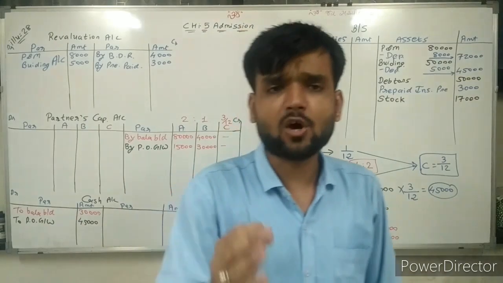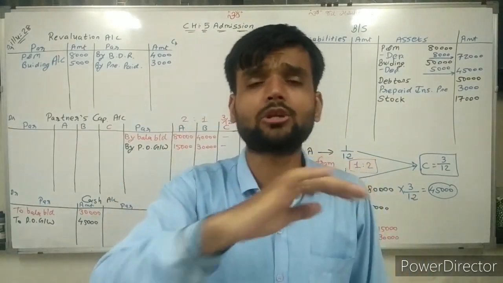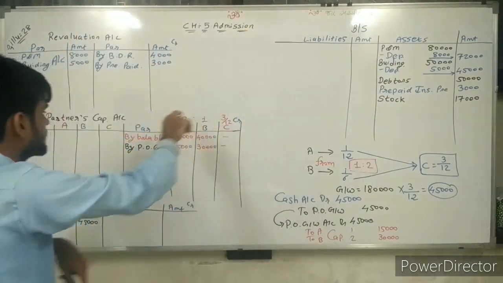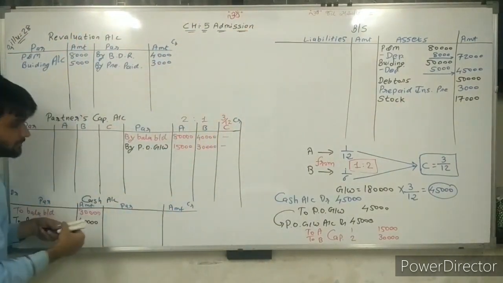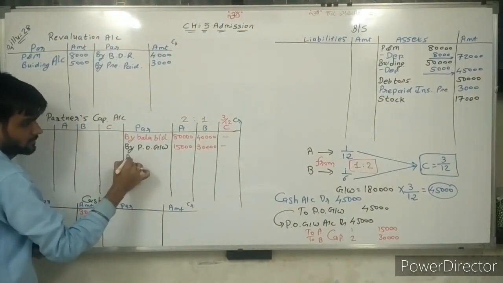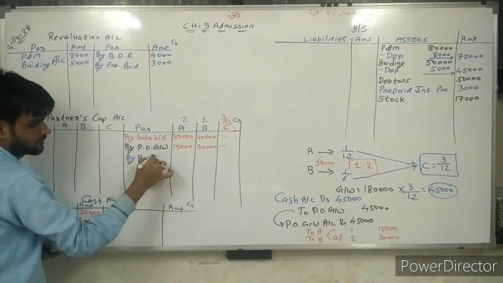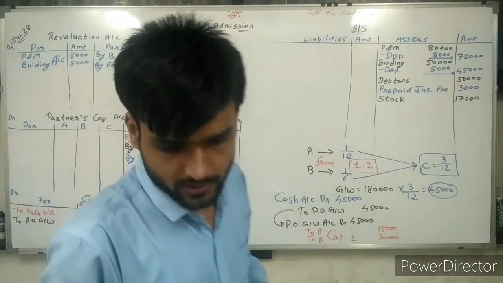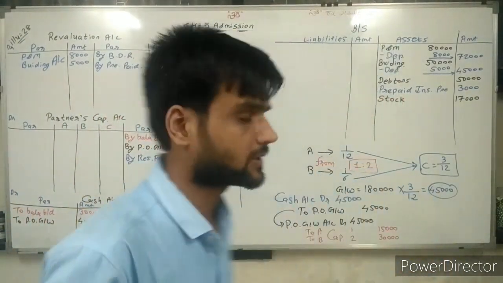That's it. Reserve fund. Sir, reserve fund is distributed among the partners in the old ratio. So reserve fund is distributed among the partners in the ratio of 2:1. Reserve fund is given 21,000.